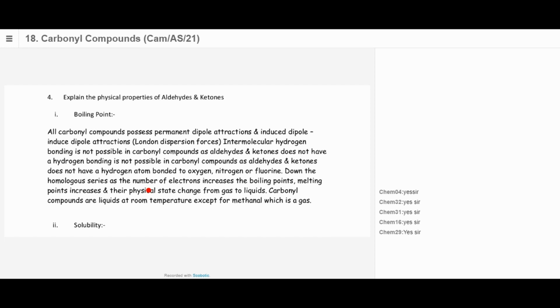As for the permanent dipole attractions, their strength does not vary much because the number of polar groups is almost the same, but the strength of the dispersion London forces increases down the homologous series, the reason being the increase in the number of electrons. As the number of electrons increases, the strength of the London force increases down the homologous series.